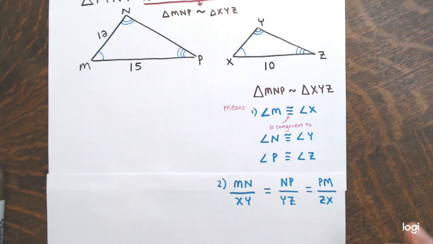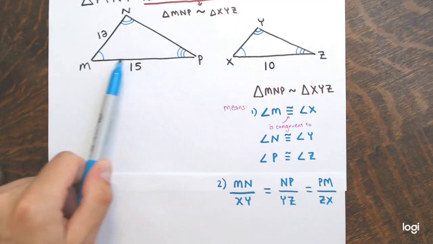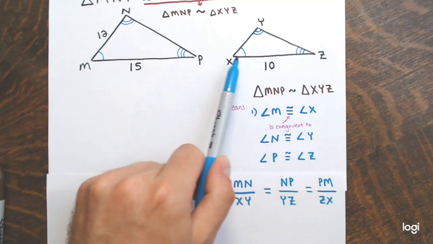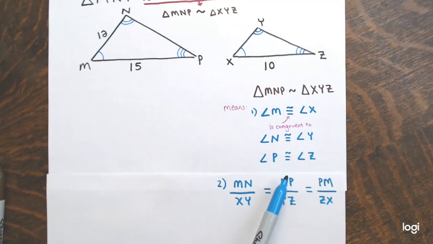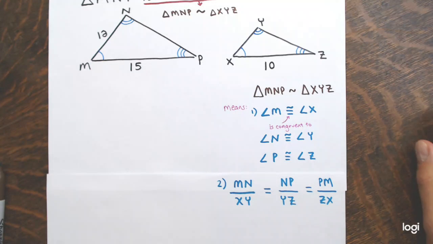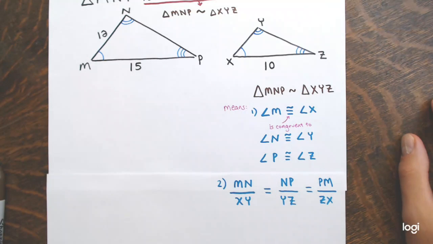There's only three sides, so there should only be three ratios of corresponding sides for a triangle. So PM, which has a length of 15, to ZX, which is a length of 10, that ratio should be equal to that ratio, should be equal to that ratio. All the ratios of corresponding sides of similar figures are equivalent.